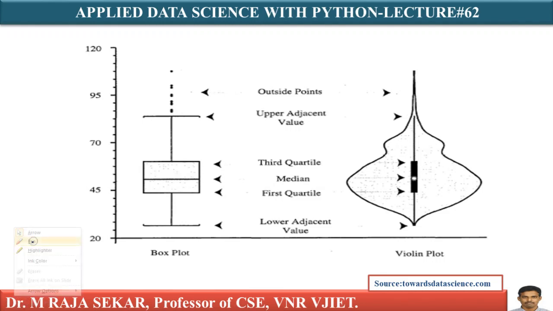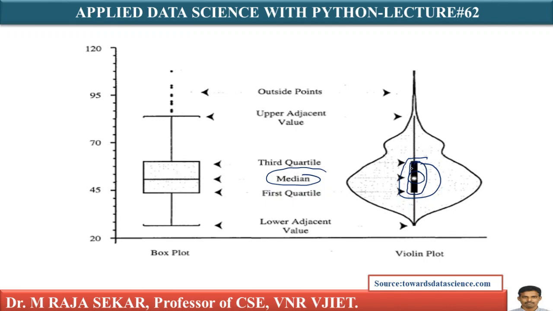Just try to analyze this diagram. Here, the white dot on the violin plot indicates the median. Interquartile range, which one is interquartile range? The black bar in the center of the violin. Yes, is it not the black bar in the center of the violin?